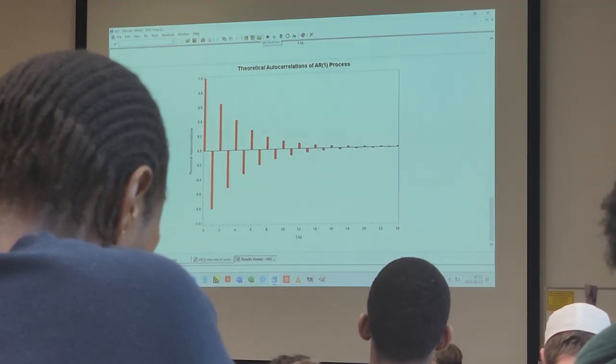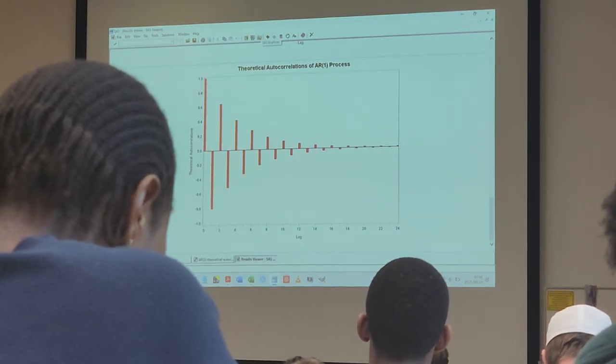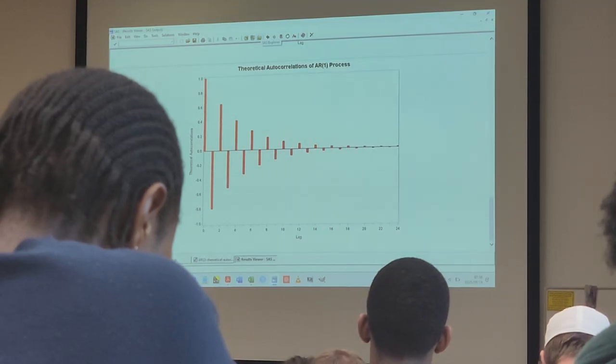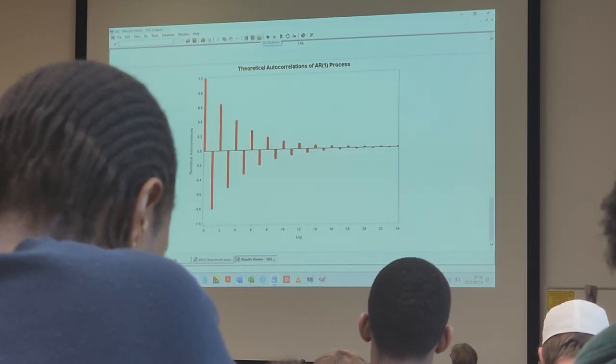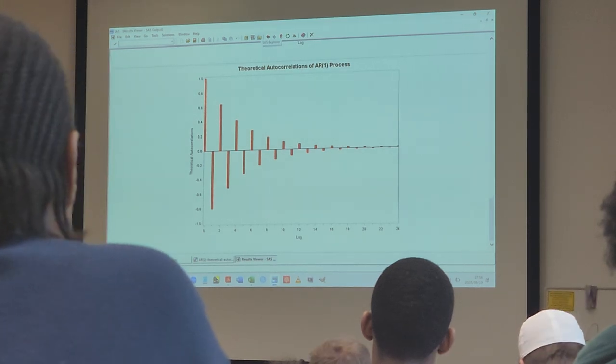Still, the magnitude decreases towards 0 very quickly as my lag increases. So these are autocorrelation patterns for AR1.